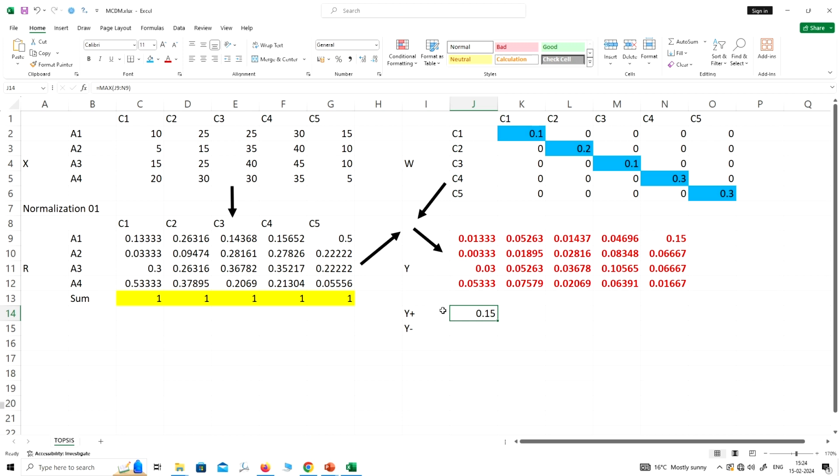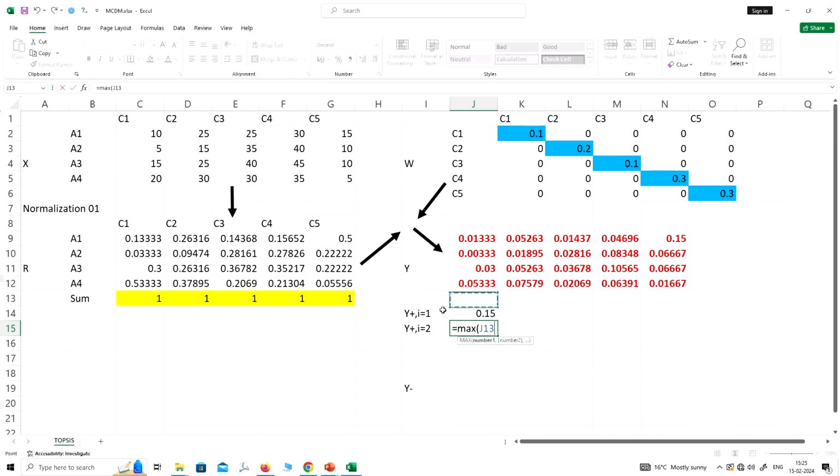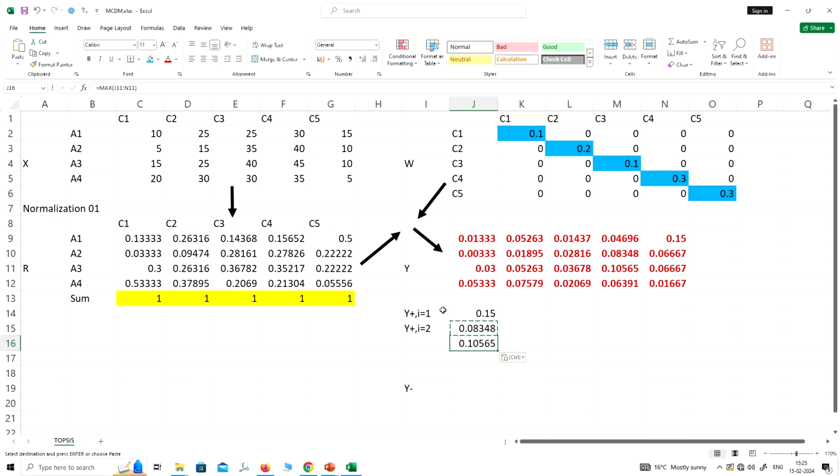Similarly, for i equal to 1, y plus; for i equal to 2, I do max of the second, which is A2, then I do it for the third. I am just copying it.